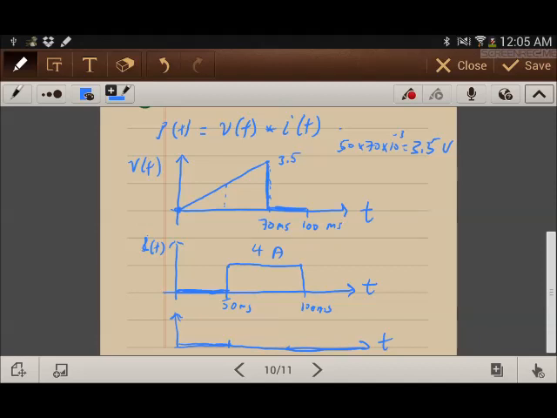Then between 50 and 70 milliseconds, the voltage at 50 milliseconds will be 50 multiplied by 0.05, which gives me 2.5 volts.